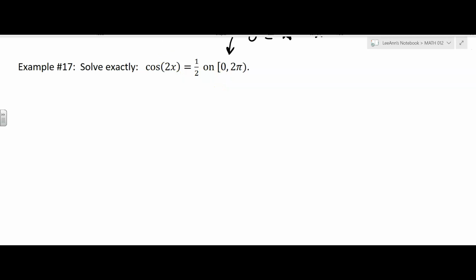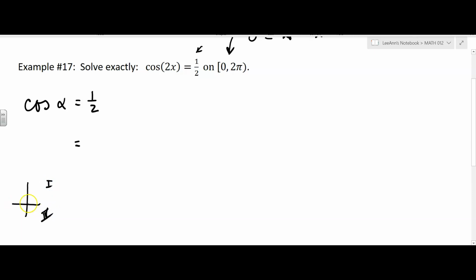Okay, so what we're going to do is we're going to say cosine 2x equals 1/2. Well, we know where cosine is 1/2. So we can say if it were cosine alpha equals 1/2, we would know the answers. Cosine alpha equals 1/2. You're going to be positive in the first and the fourth quadrants. And these are special angles.